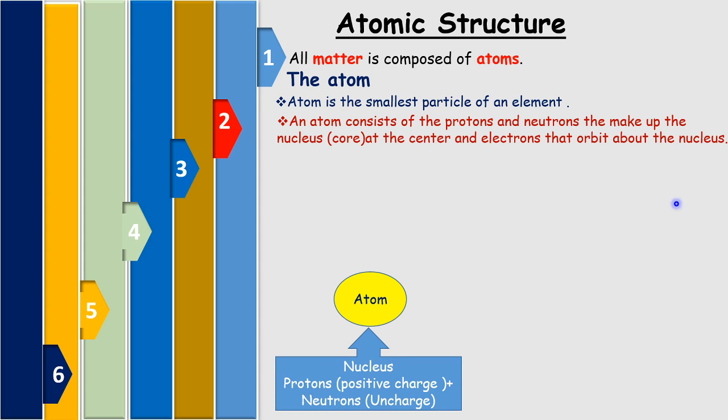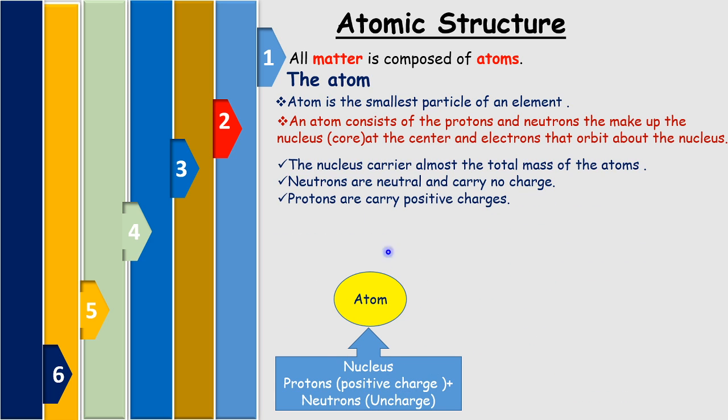Now how is it? So here this is the atom. Inside the atom, we call it the nucleus, the protons are positive charge and neutrons uncharged. So at the nucleus there are protons and neutrons. Electrons are also there. The nucleus carries almost the total mass of the atom.